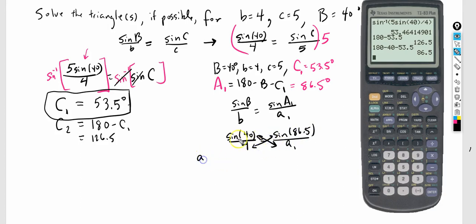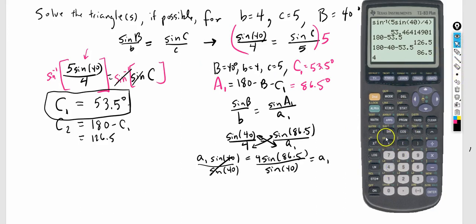And I'm going to get sine 40 times a1, and I'm going to write the a1 out front, is equal to 4 times sine of 86.5. And then to solve for a1, I just need to divide both sides by sine of 40. And so my sine of 40s will cancel, and I'm going to get my value for my side a1, and then the first triangle will be solved.